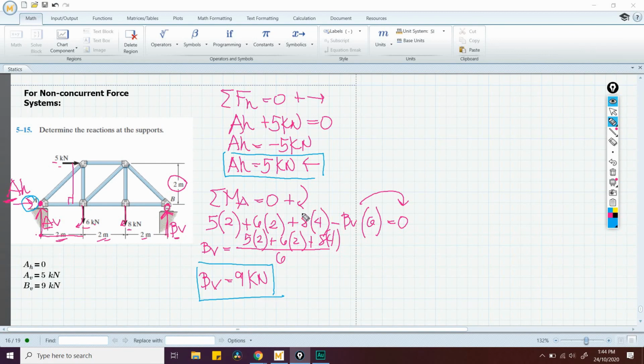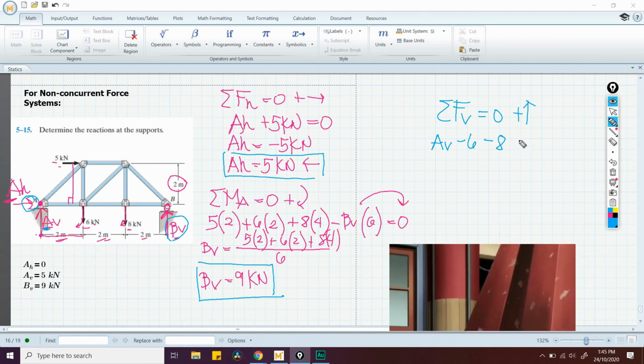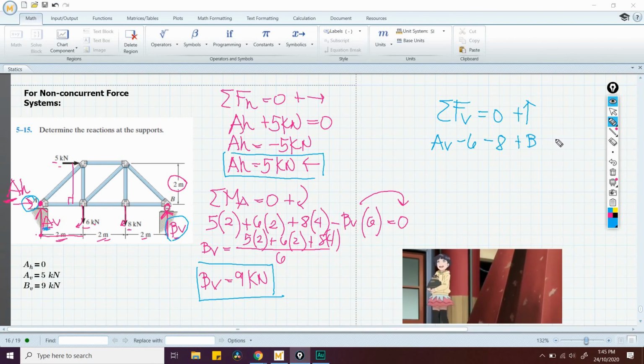Okay, ngayon since alam na natin si B vertical, nabawasan na yung unknown natin sa vertical na mga loads, pwede na natin mahanap si AV through summation of forces vertical equal to 0, assumption positive ang going up. So, mga going up natin, AV, so positive kasi going up. Yung 6 natin is minus 6 kasi going down siya, minus 8 kasi going down, plus B vertical kasi going up.